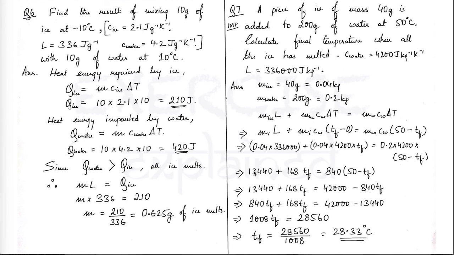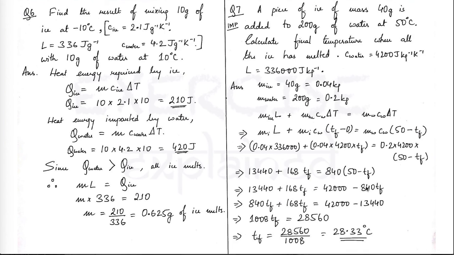So we get the left hand side as it is, that is 13,440 plus 168 Tf is equal to 840 into 50 gives us 42,000, minus 840 into Tf gives us 840 Tf. So what we get over here is 840 Tf. I take this 840 Tf to the other side.